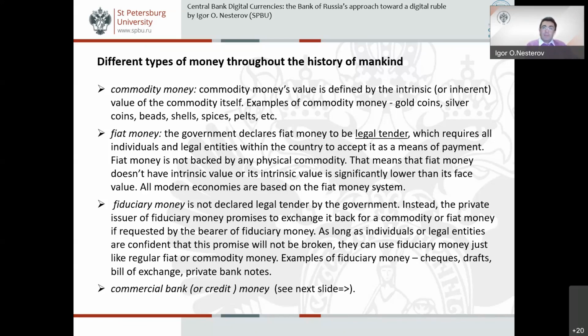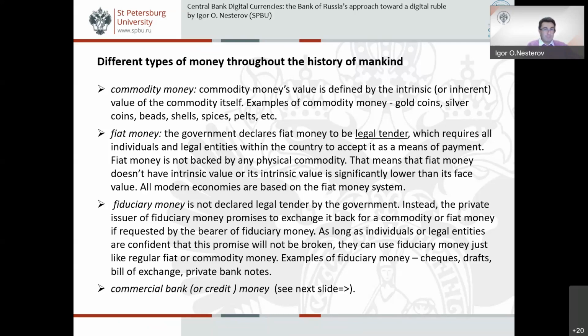So, unlike commodity money, fiat money is not backed by any commodity or physical assets. And it's quite an important fact that all modern economies are based on the fiat money system. Examples of fiat money include state-issued coins and banknotes.